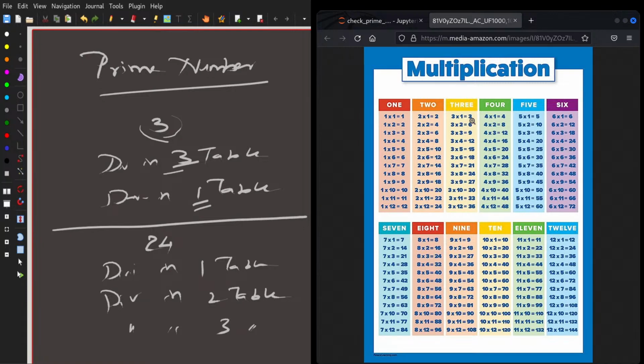Okay, let's take the same example, 3. In case of 3, what I can see is that the maximum table the number will be divisible by is its own table. That means if it is 3, we need not check in 4 table, 5 table, 6 table.